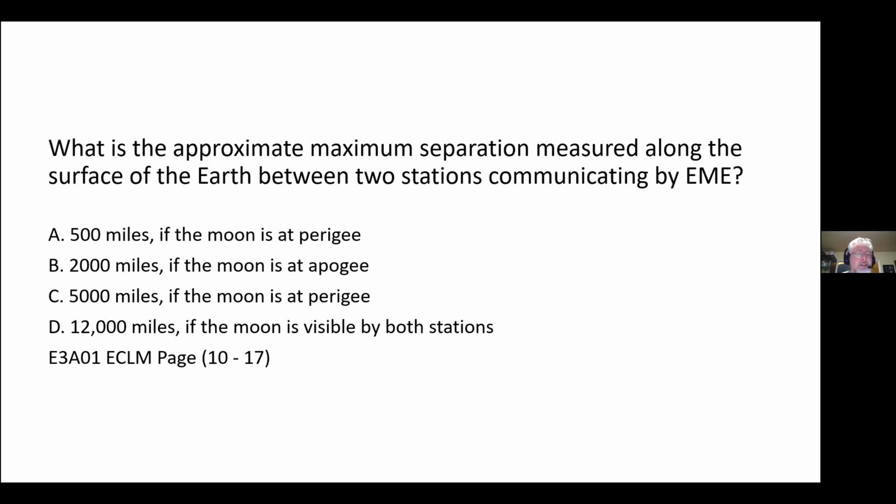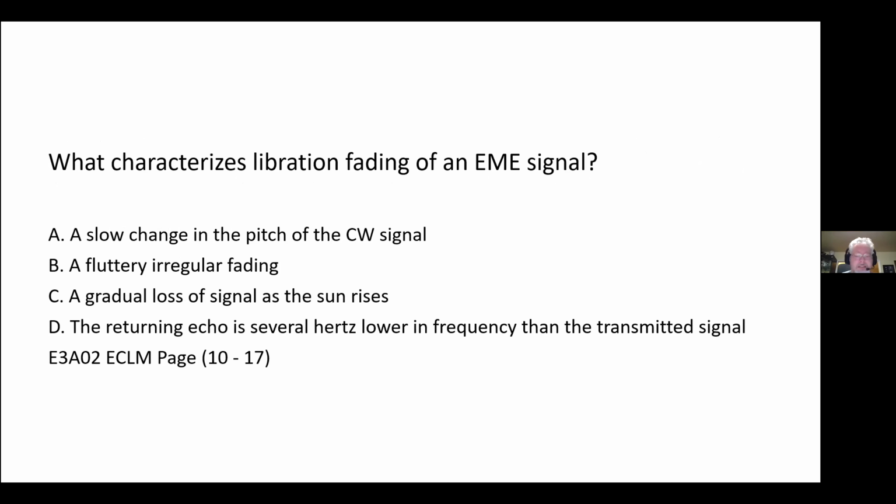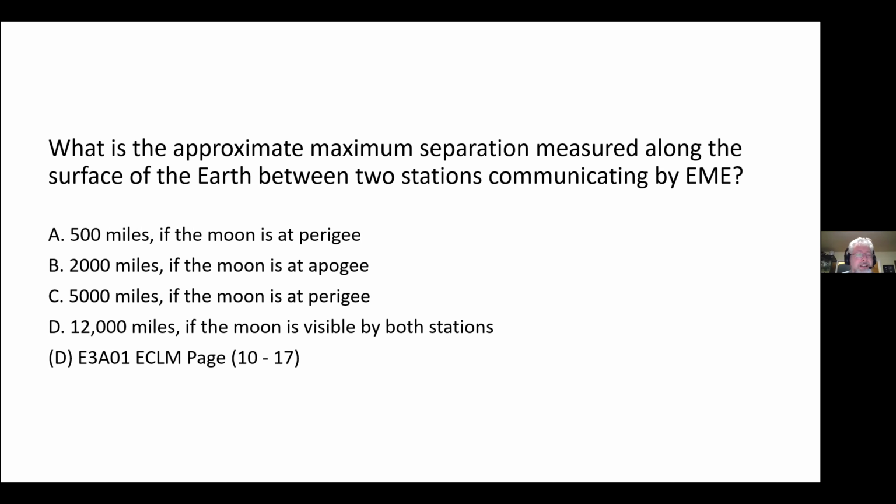C, 5,000 miles if the moon is at perigee. Or D, 12,000 miles if the moon is visible by both stations. Delta. Wow, 12,000 miles. That's crazy. It takes 500,000 miles to get there. Yeah.